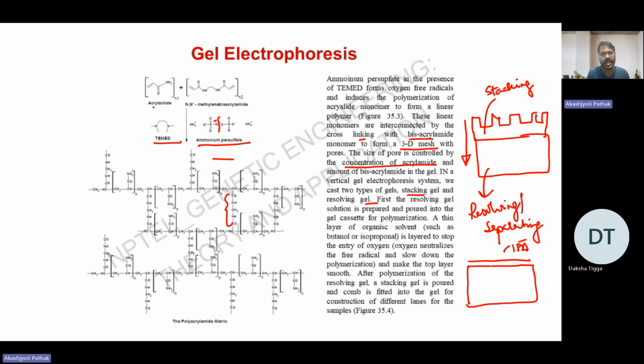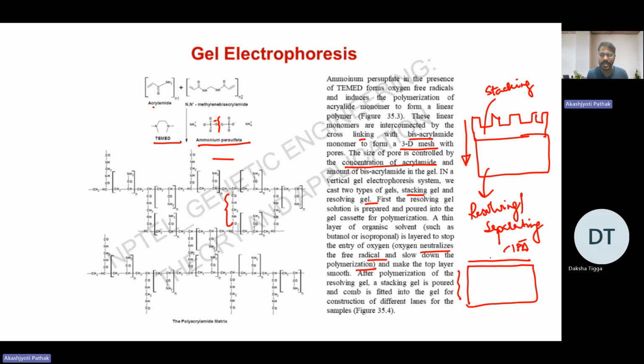These free radicals that are produced by the APS and that start the free radical reaction get neutralized by the atmospheric oxygen. That is why a layer of IPA is added on top of the resolving gel, and then the gel is allowed to solidify. Okay.